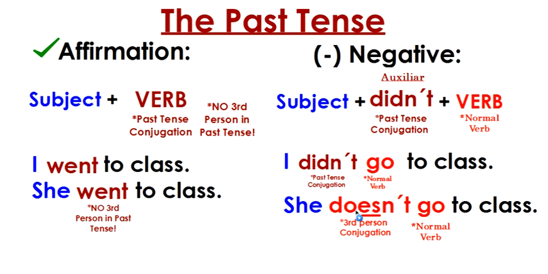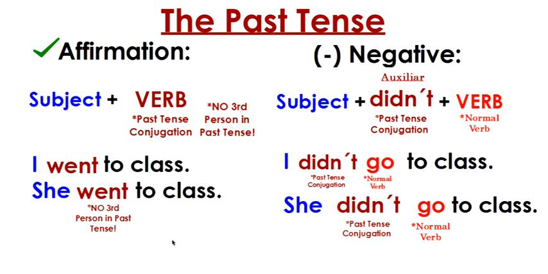She didn't go to class. Remember, all subjects use the same past tense conjugation, and the conjugation for the past is on the auxiliary. Remember, don't touch the verb. It's the normal form of the verb.